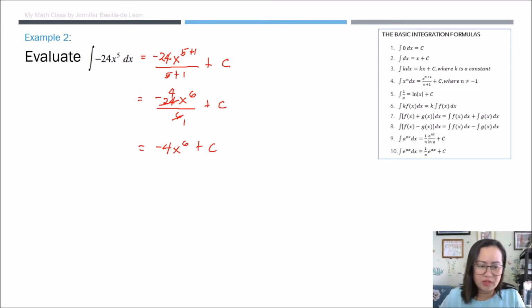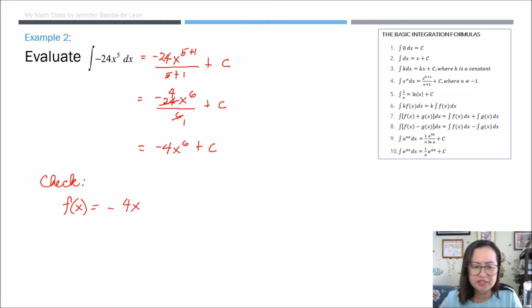Okay, now if you would like to check, you can find the derivative of the given function negative 4x raised to the 6th power plus that constant. So we'll just have negative 4x raised to the 6th power.